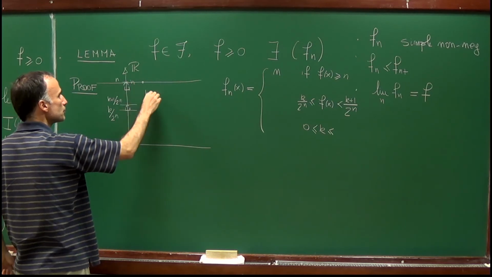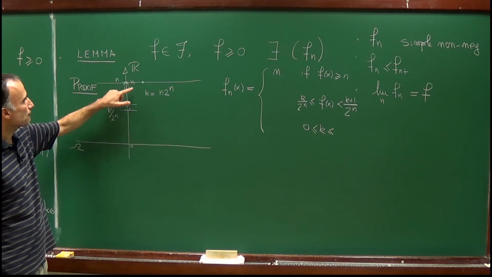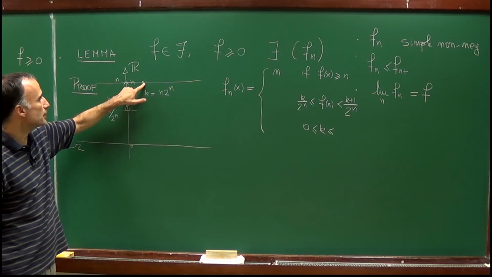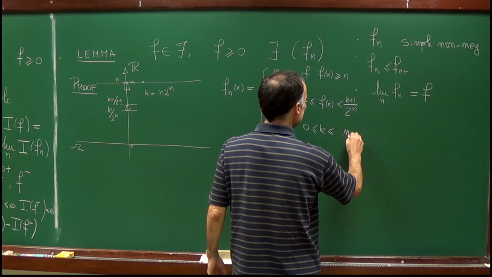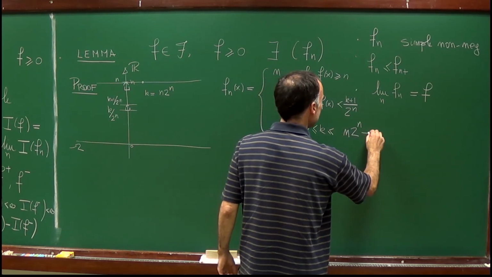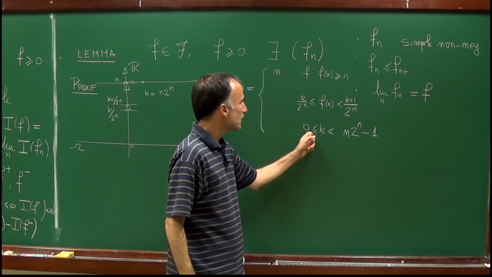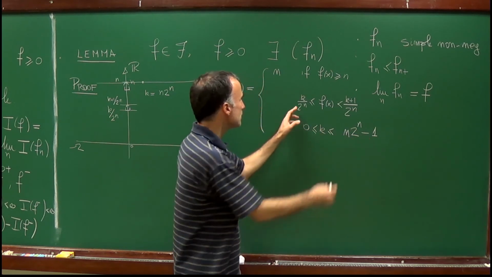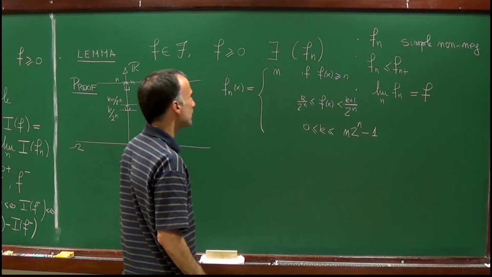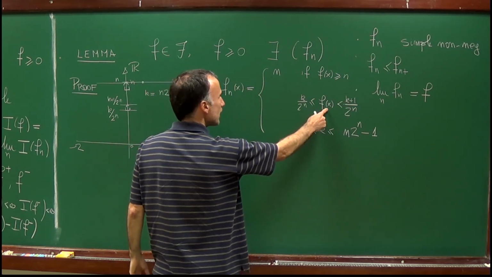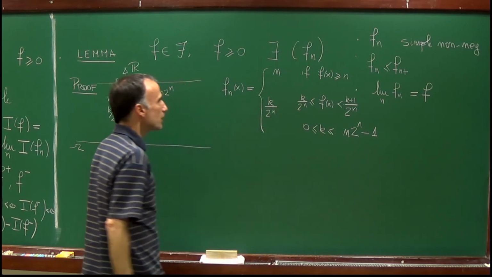The value of k which corresponds to this point is n times 2 to the power n, right? Because that divided by 2 to the power n gives me exactly n. So we want k to range from 0 to n times 2 to the power n minus 1, right? So when k ranges between 0 and n times 2 to the power n minus 1, these intervals start at 0 and end at exactly n. And in this interval, we will set fn of x to be equal to k over 2 to the power n.